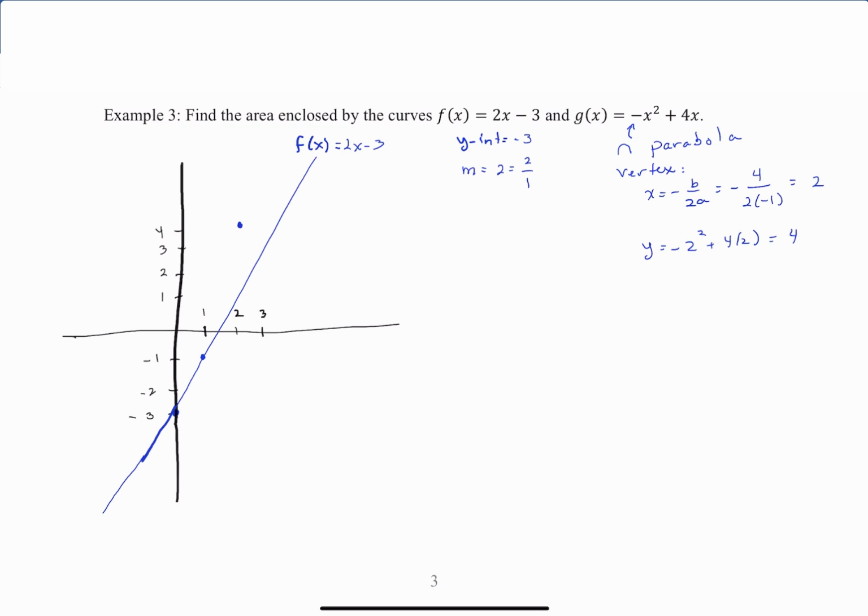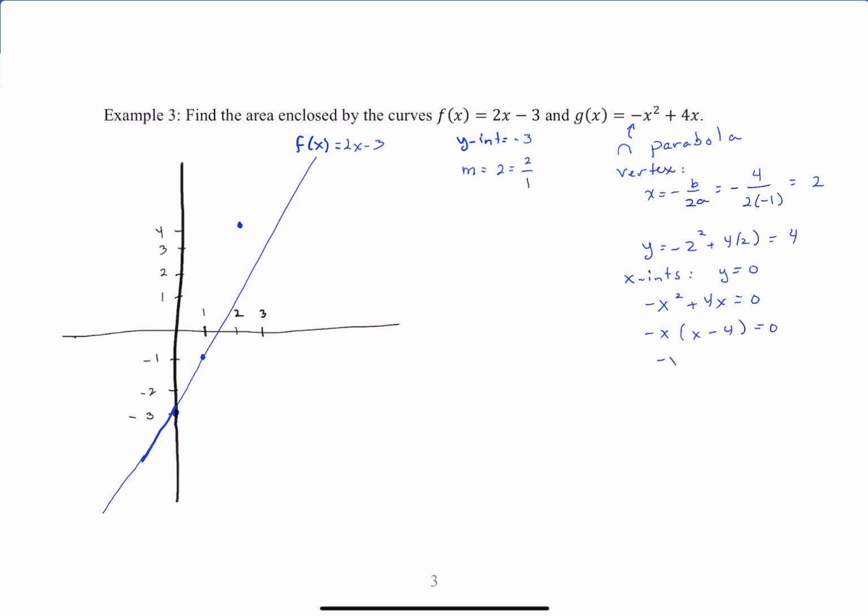Let's see where it crosses the x-axis. So for x-intercepts, we put in y equals 0 and solve minus x squared plus 4x equals 0. If we factor out a negative x, we have negative x times the quantity x minus 4 equals 0.